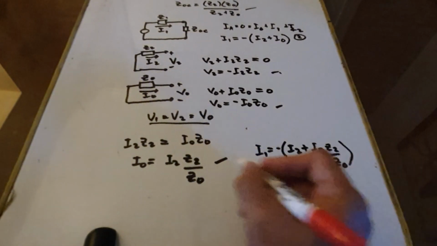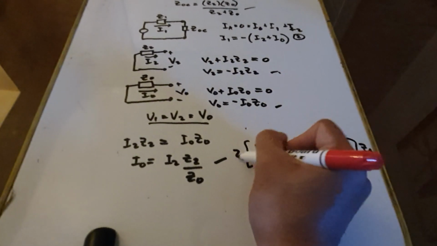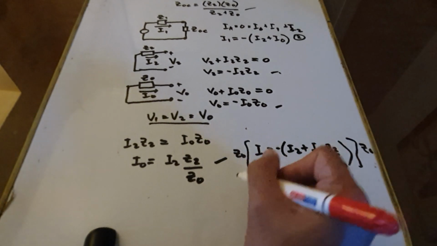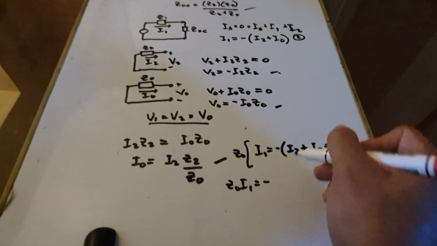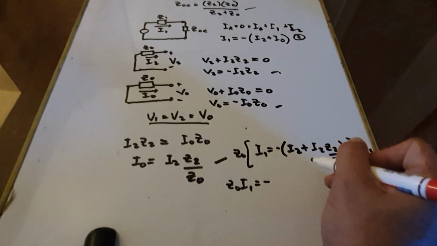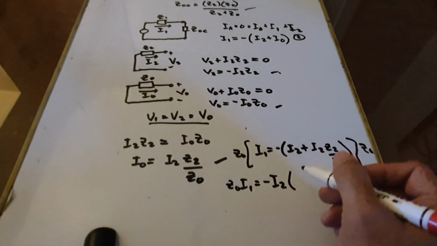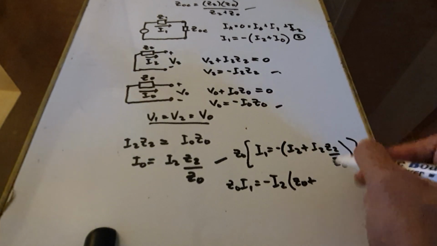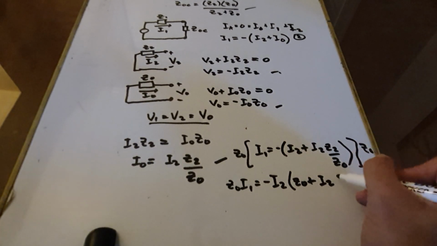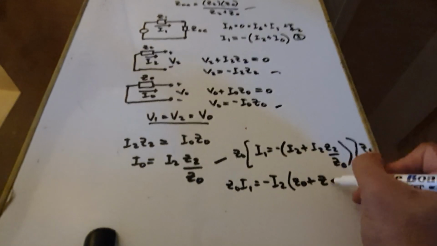Okay, so if we multiply both sides by Z0, this will become Z0 I1 is equal to negative I2 Z0 plus I2 Z2, right?